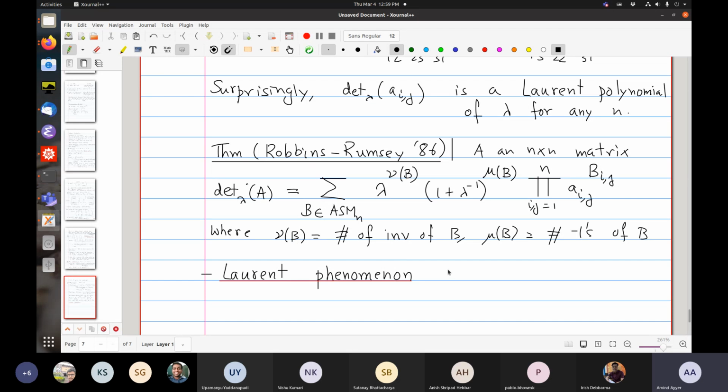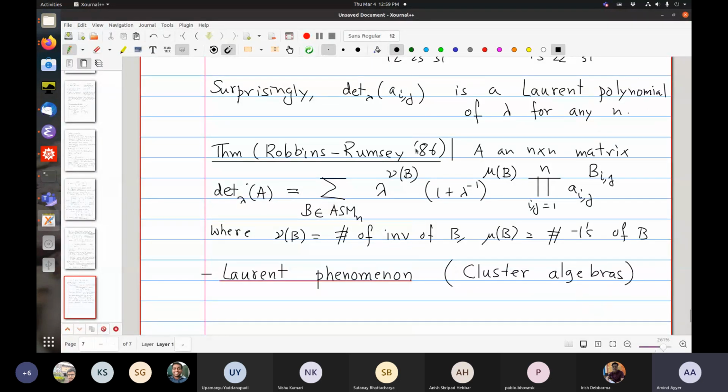One class of important objects which satisfy the Laurent phenomenon are called cluster algebras, but I'm not going to get into it. This is a very special case of a cluster algebra.